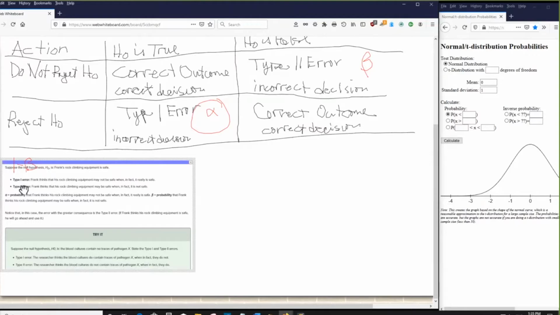That would give us a type 1 error if we reject the null hypothesis, so Frank thinks his rock climbing equipment may not be safe when in fact it really is safe. And the type 2 error is when we do not reject the null hypothesis, even though the null hypothesis is false. That would be that Frank thinks his rock climbing equipment may be safe when in fact it is not safe.